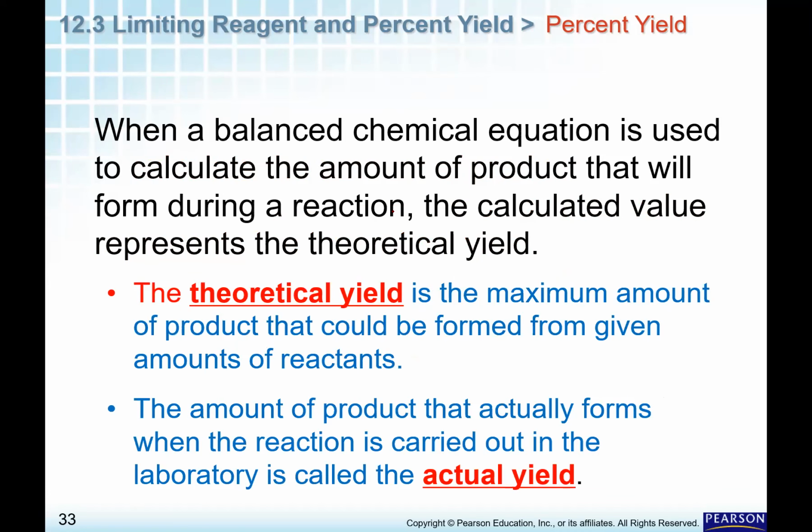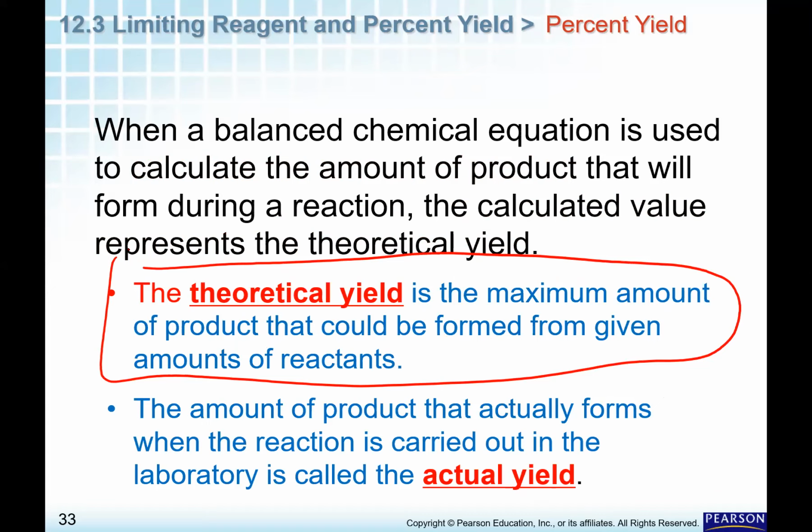Theoretical yield is the maximum amount of product that could be formed from a given amount of reactants. Always remember your grade if you want to remember this. Your theoretical yield is 100% because this is what we are giving you.